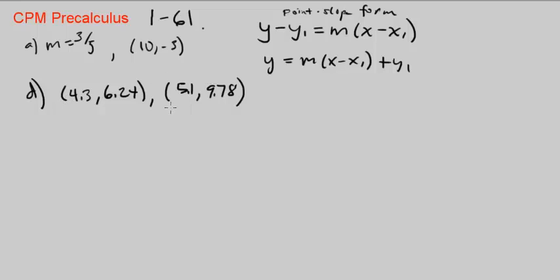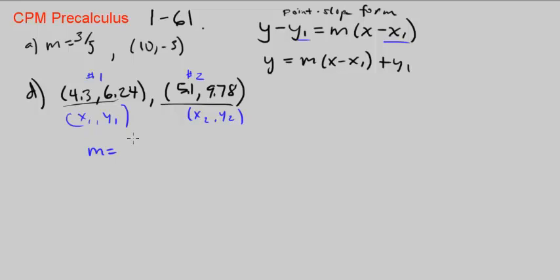These decimals and fractions should not be scary because we have calculators, and we can see how to make a fraction into a decimal and vice versa. So we have 2 points, and again we need a point and a slope. Let's choose one to be point 1 and one to be point 2. So that's our (x1, y1), and this is our (x2, y2), right?